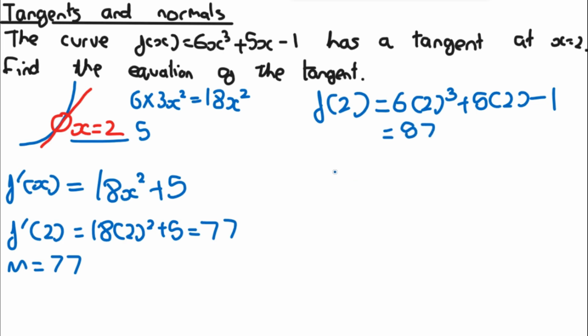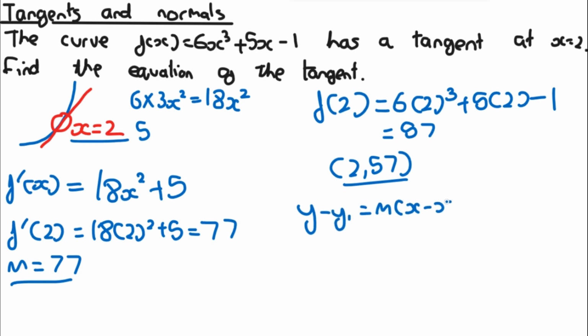So the coordinate is (2, 57), and now we can find the equation of the tangent because we have a point and we have the gradient. We can use the equation y minus y1 is equal to m times x minus x1, so it's going to be y minus 57 is equal to m, which is 77, times x minus 2.